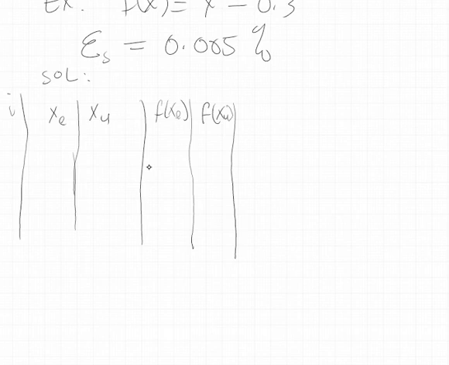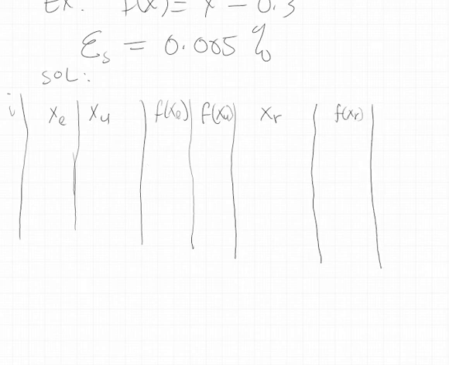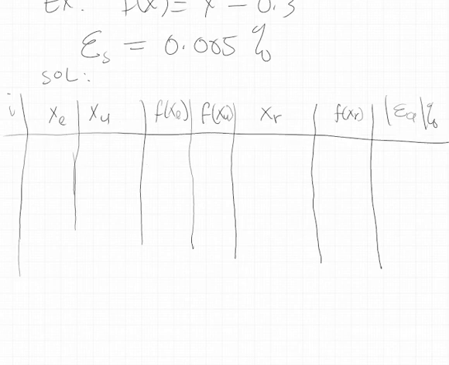Then after that, instead of taking the midpoint, we take the xr, which is the derived formula from above. Then we also take f of xr, and we compare that one with f of xl and f of xu. Then our stopping criterion in percent, our approximate error. Then we do it again, just like what we did before in the bisection method.